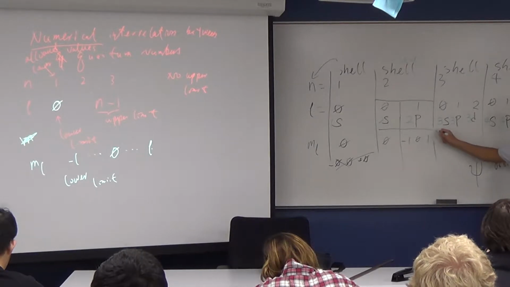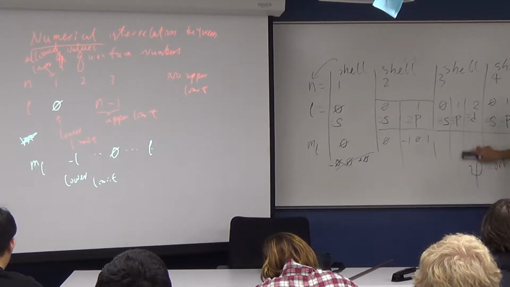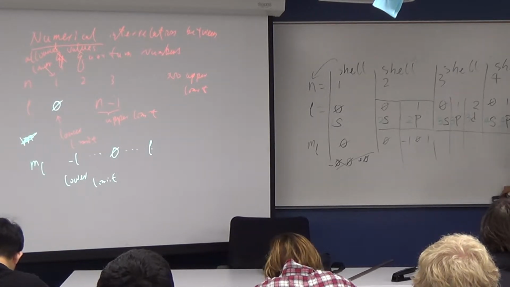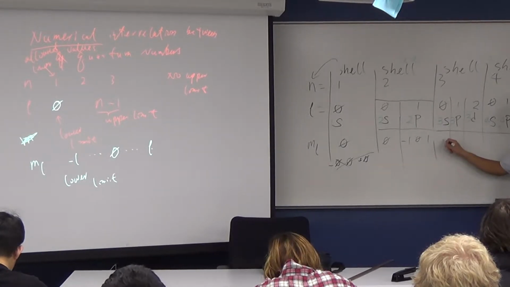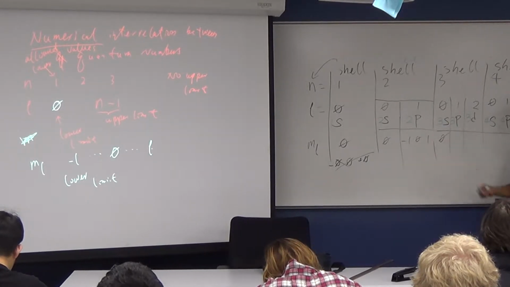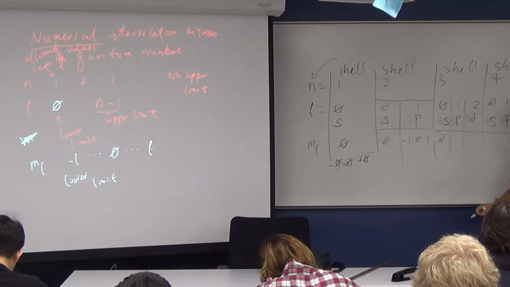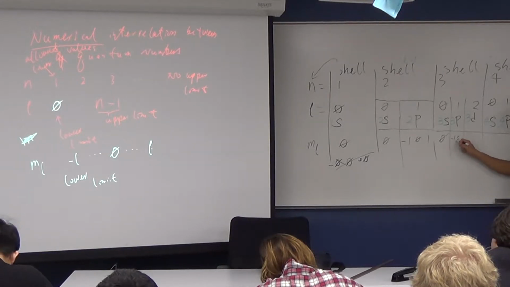So this will be similar for this. Probably will be out of space. What are the possible numbers for 3s for ML? 0. What are the possible numbers for 3p for ML? Negative 1, 0, and 1.